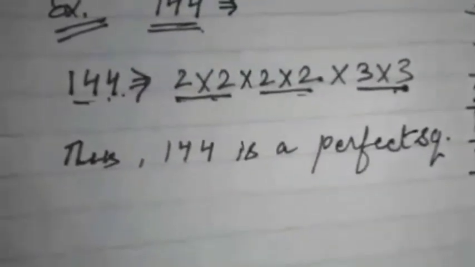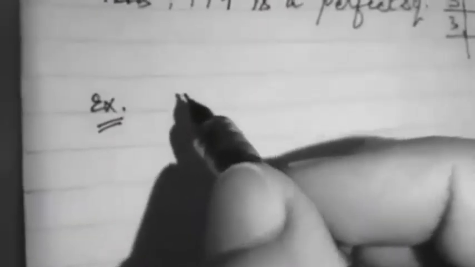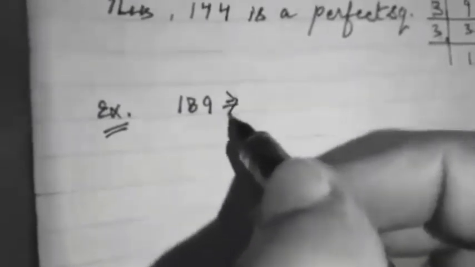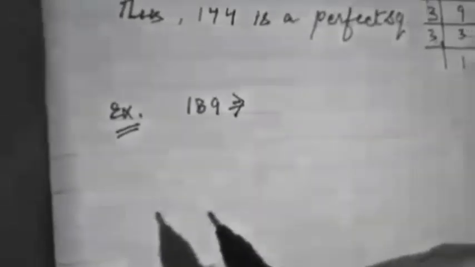Let's take one more example, because in maths we need to take at least 3-4 examples. We are taking one more example for your understanding, and next time you will practice by yourself. This time I'm taking the number 189.